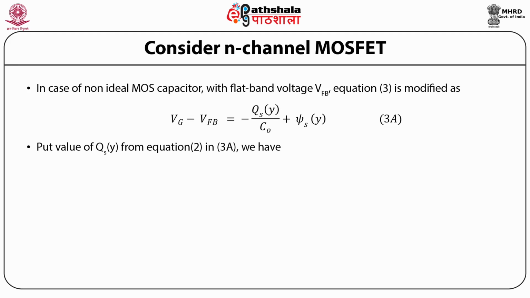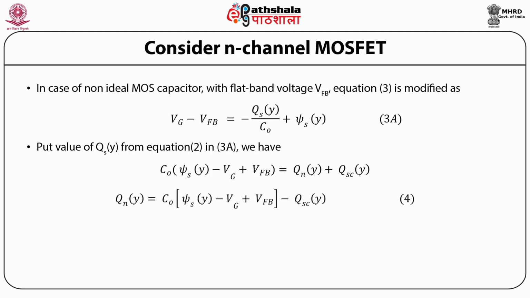If we put the value from the equation for the total charge, we have C naught multiplied by psi s minus Vg plus Vfp equal to Qn plus Qsc. Now substituting and solving for Qn, we get Qn equal to C naught multiplied by psi s minus Vg plus Vfp, minus Qsc.